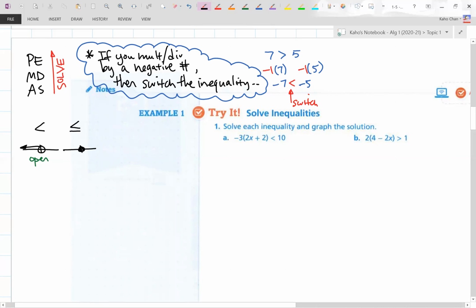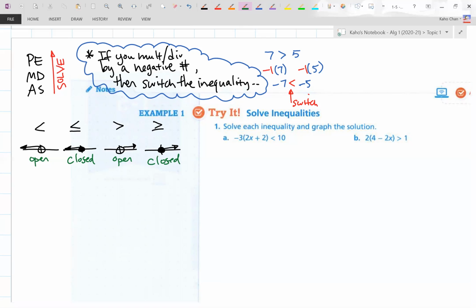Closed circle to the left. And let's go in the other direction, greater than, open circle to the right. And one more, greater than or equal to, we have a closed circle to the right. Keep that in mind when we're actually going to go ahead and graph these things.